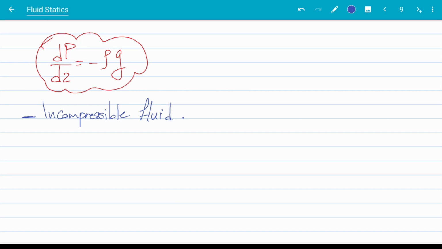Now, an incompressible fluid is a fluid where the changes of density are negligible, or in other terms, density is a constant.